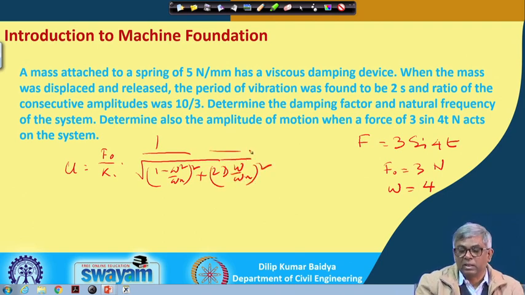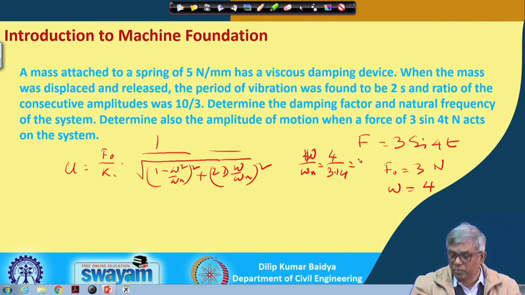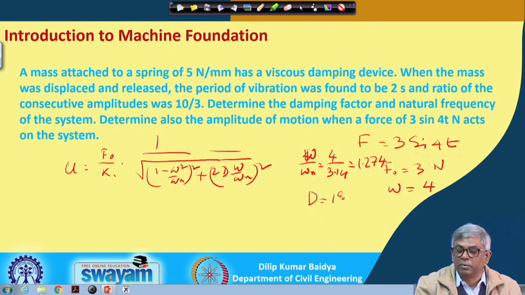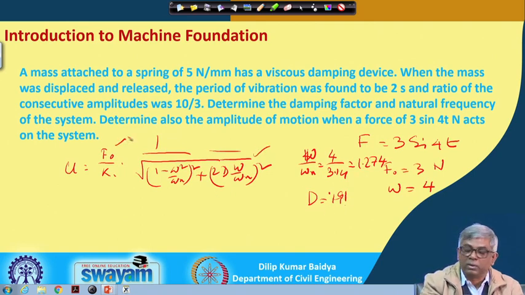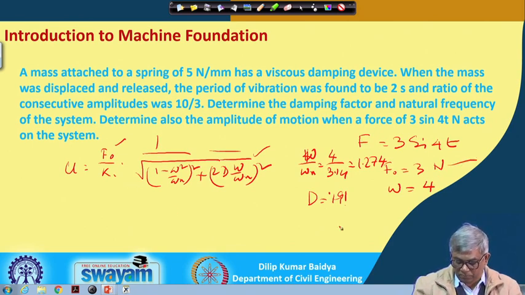If I do this, omega is 4, so omega over omega n equals 4 divided by 3.14, which is nothing but 1.274, and d becomes 0.191. If you put this in the expression, F naught equal to 3, and k I have already shown is 5 kilonewton per meter.